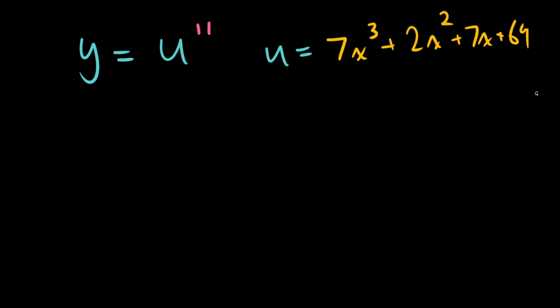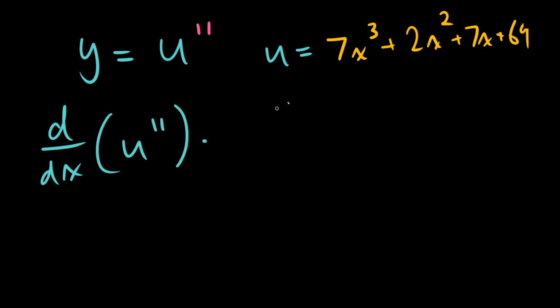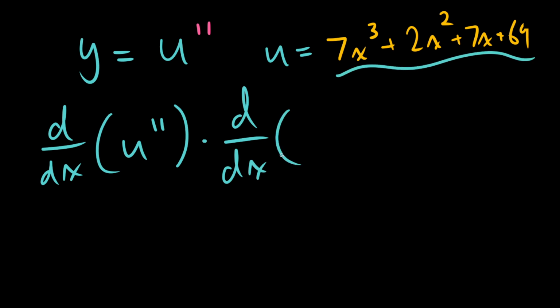So we would take the derivative of the outside function and multiply it by the derivative of this entire inside function. So what would we have? We'd have, so I'm going to write it out, d dx of u to the 11th times d dx of this inside function here, 7x cubed plus 2x squared plus 7x plus 69.